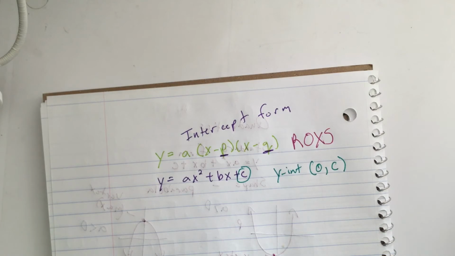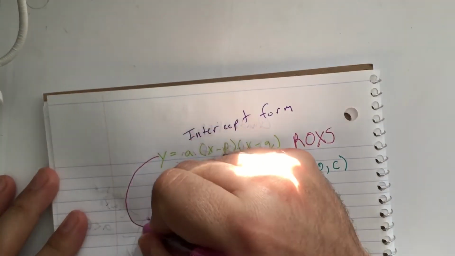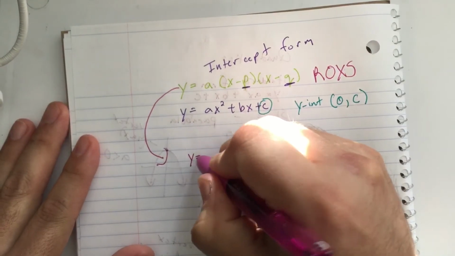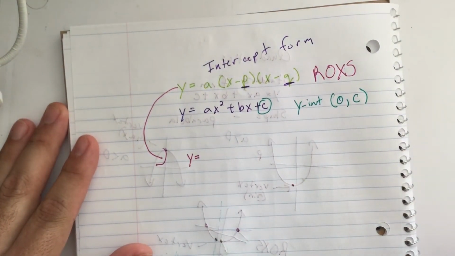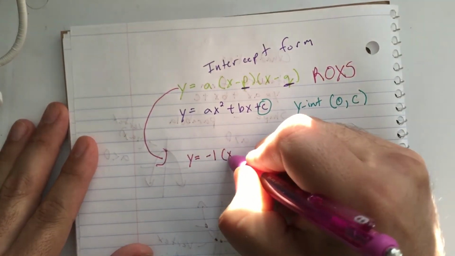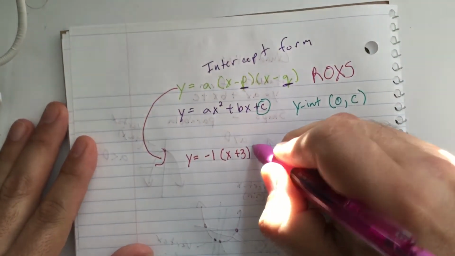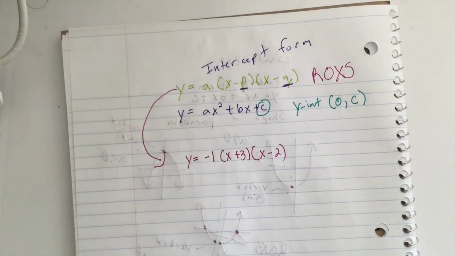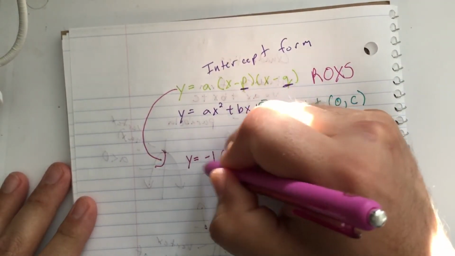So I just want to do an example of this intercept form, right? Let's say I had an equation that was y equals negative 1 times x plus 3 times x minus 2. Okay, well, first and foremost, I hope that you notice that this opens down because your a value is negative.